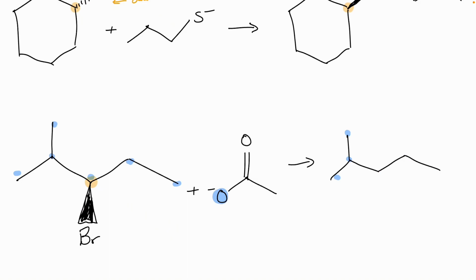Now I'm going to add in that new bond between my electrophile, which was this, and that oxygen on my nucleophile. Boom, there's my new bond. But again, I'm going to remember to invert my stereochemistry, so this is going to be a dashed bond.